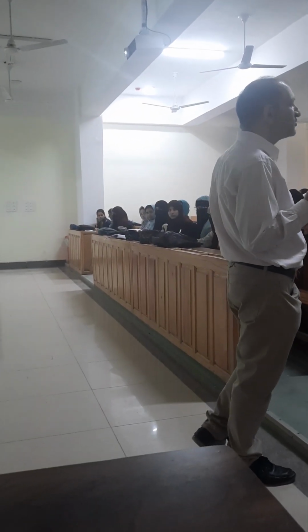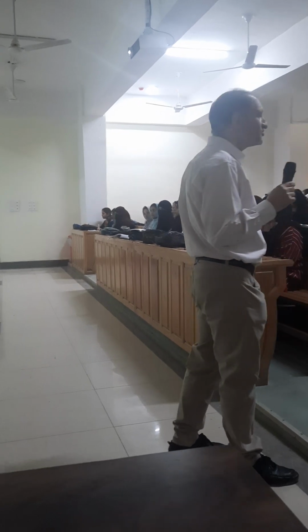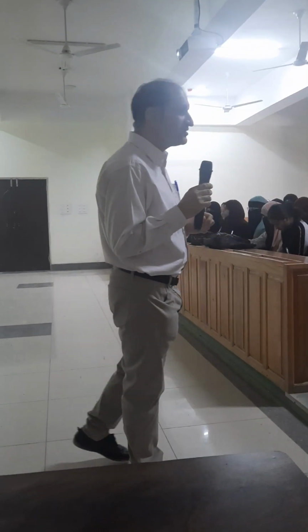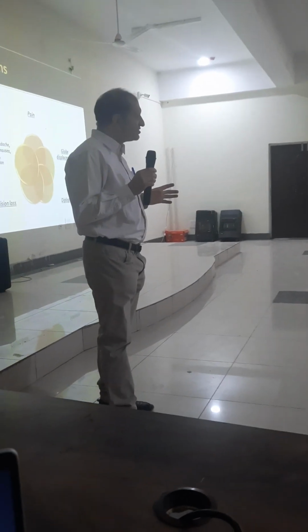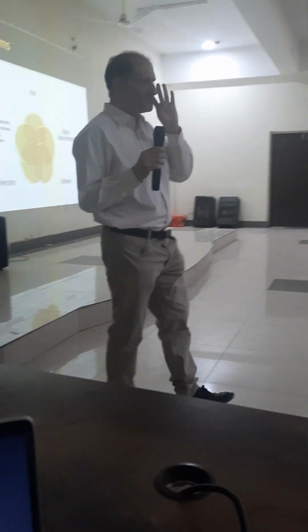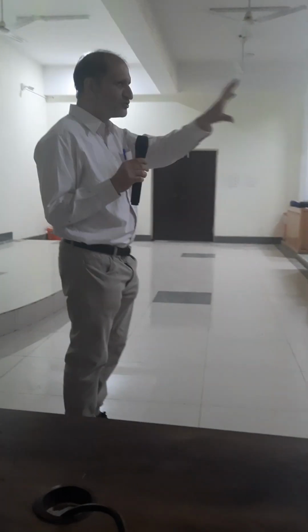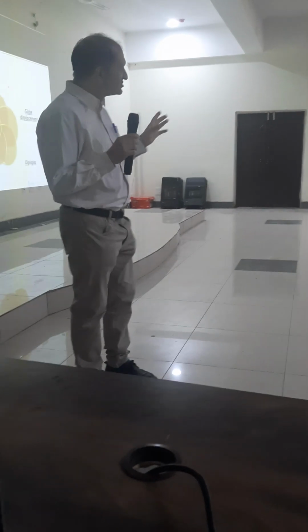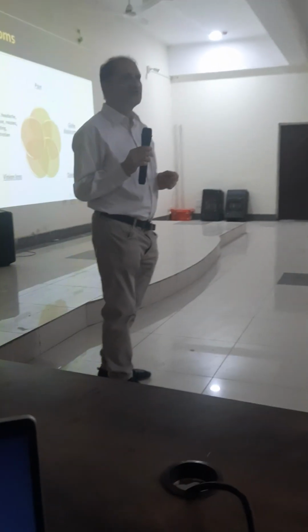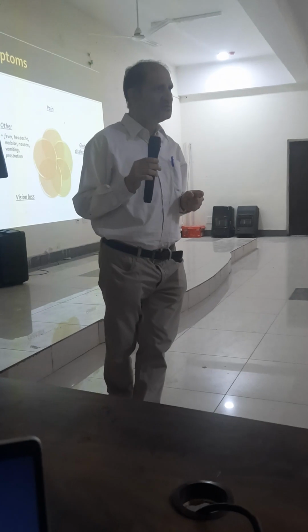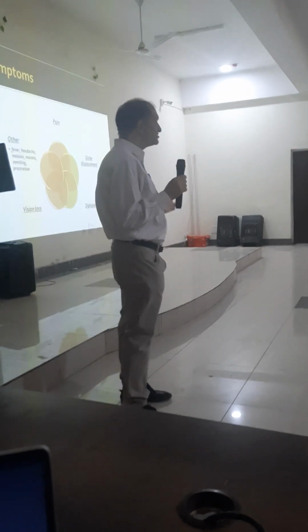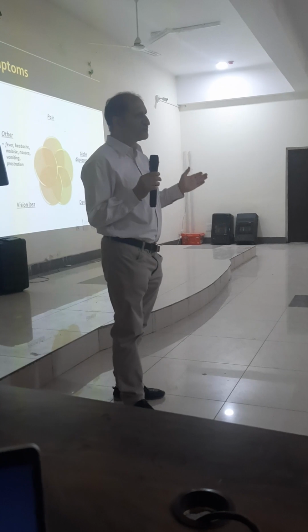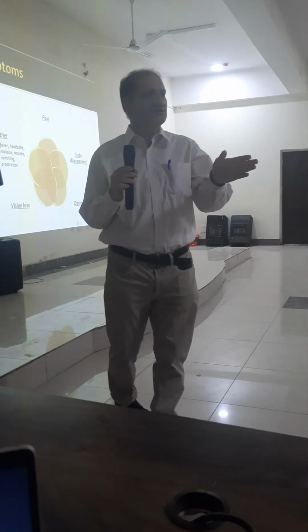There is a relative afferent pupillary defect. Then if I check the eye movements, they are restricted. And if I compare the position of the eyeballs, right and left, there is proptosis. The eye has come forward. And if I check for fever, there is pyrexia. So these are the things which differentiate orbital or post-septal cellulitis from preseptal cellulitis.